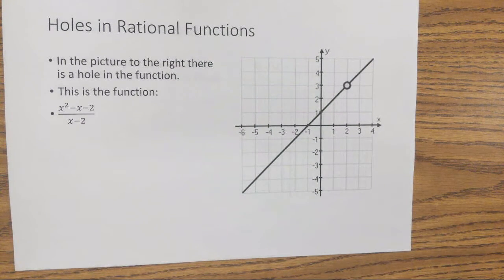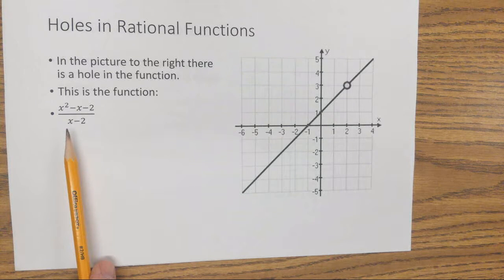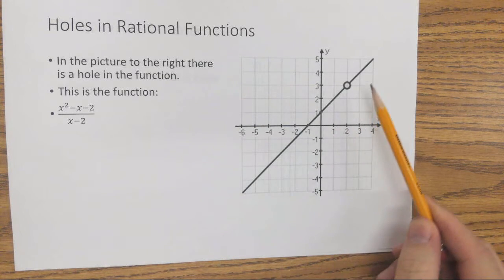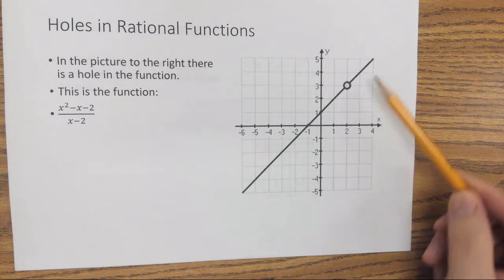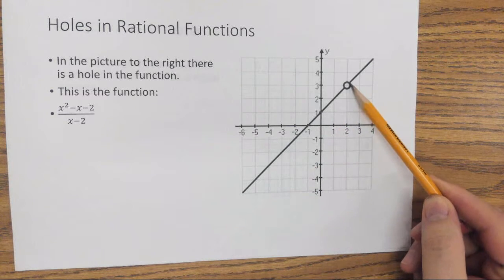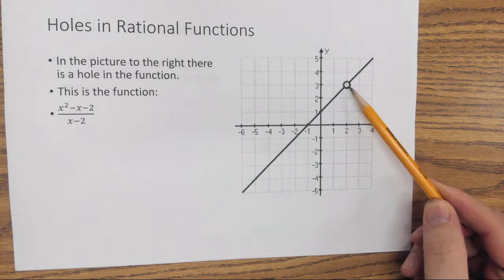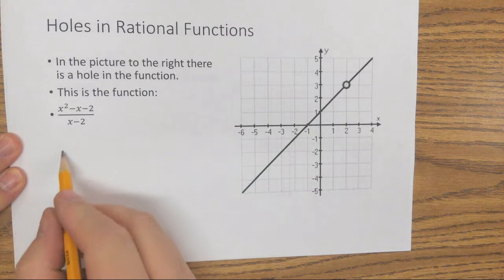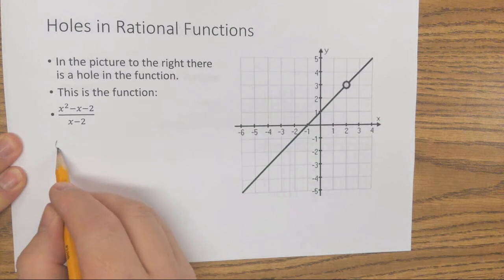Here's what our holes look like. So we've got this function here. And when I go to graph this function, it looks like a straight line, except I've got this one little hole up here. And where that comes from is if I take this and simplify it.